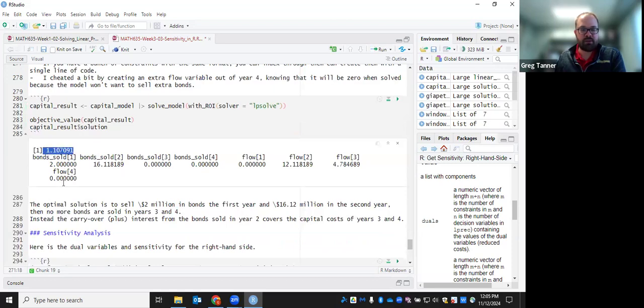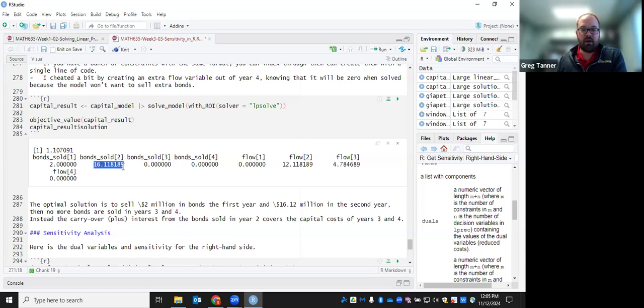The optimal, or minimum, yearly interest payment ends up being just over 1.1 million per year. We get to that by selling just enough bonds in year 1 to cover year 1's capital requirement.